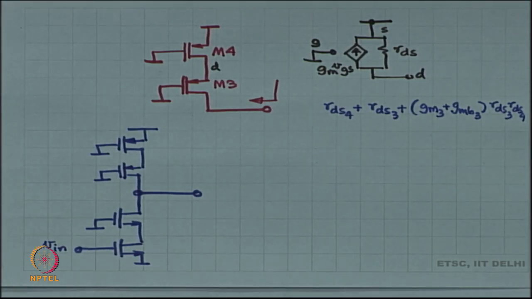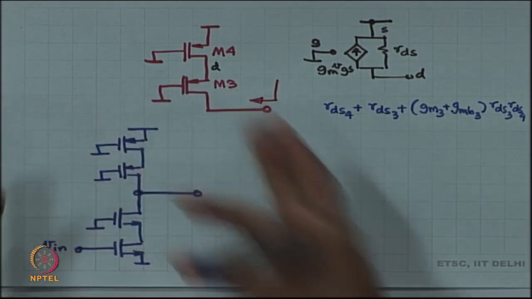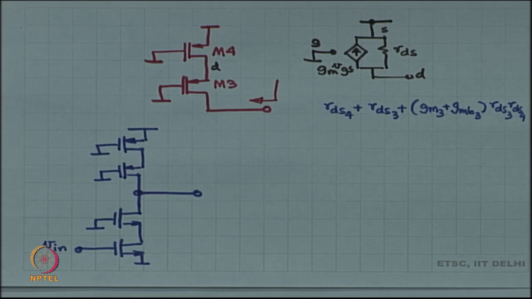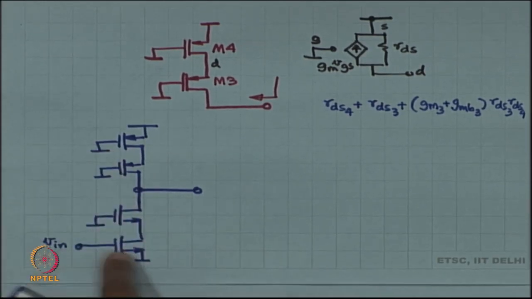Why? Because the same bias current is going through. If lambda is similar, then RDS is going to be similar. Okay. So, now let us draw the complete circuit. This is understood so far. So, this is the overall small signal picture only, because all these are connected to ground.